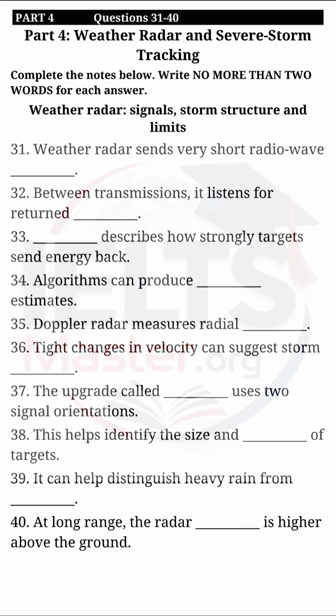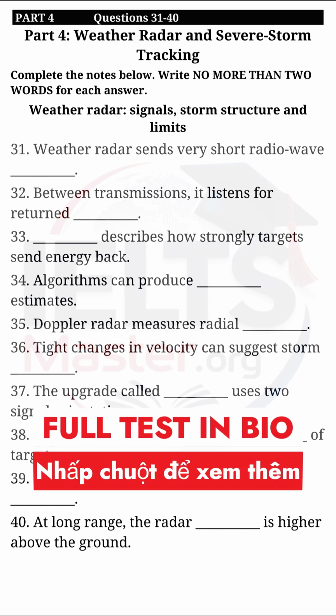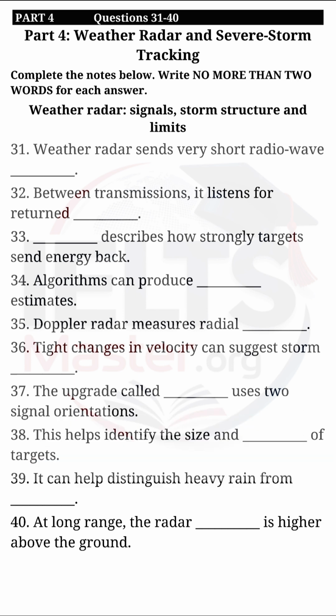By measuring how long those signals take to return and by recording where the antenna was pointing, the system can estimate the distance and direction of the target. One of the most familiar radar products is reflectivity. Reflectivity describes how strongly targets send energy back to the radar.